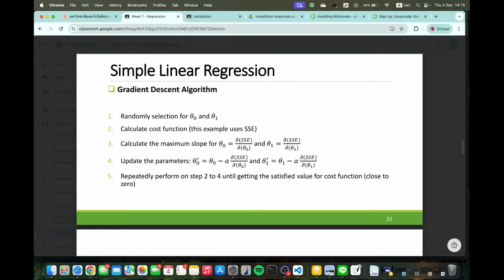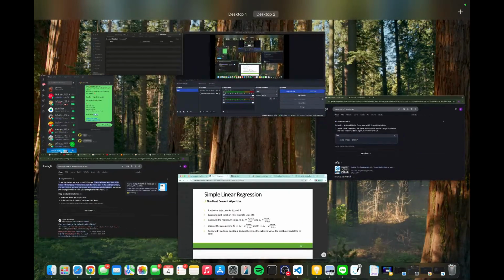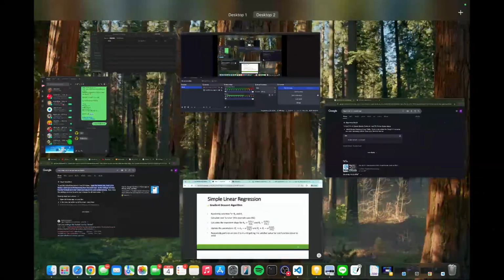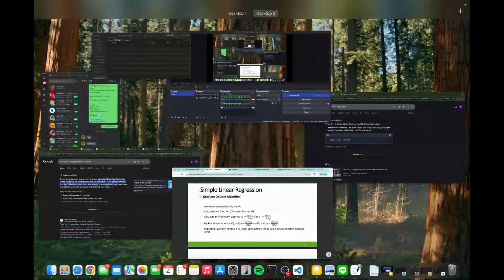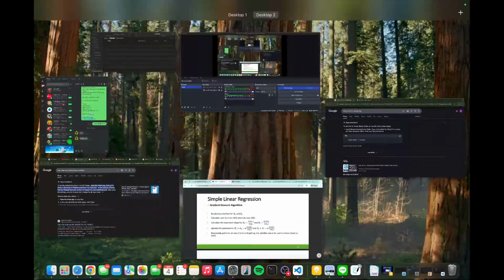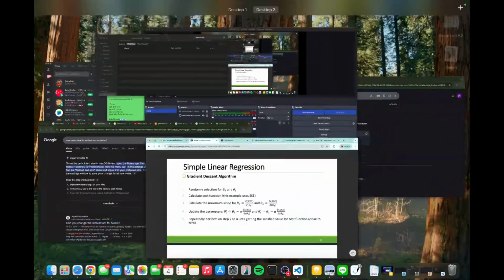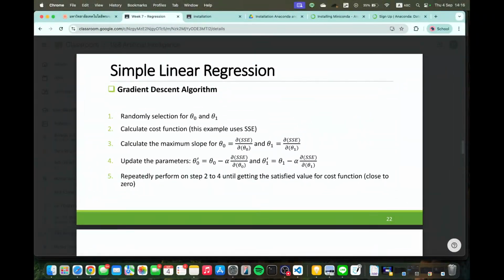So when you differentiate only this, you get minus 1, right? And then it's going to have only y minus y predict.